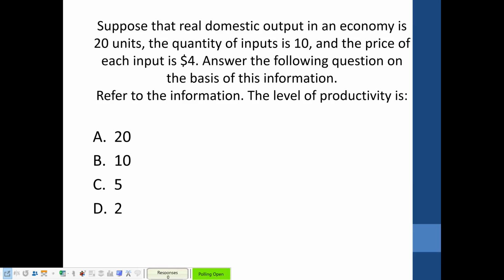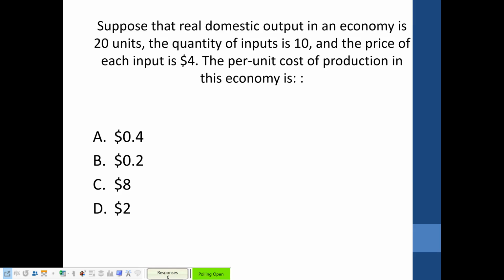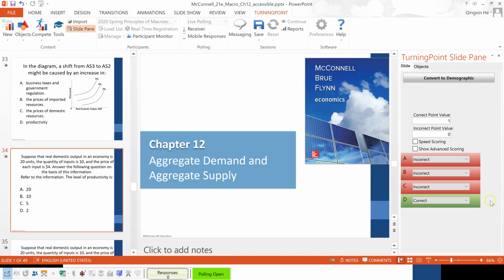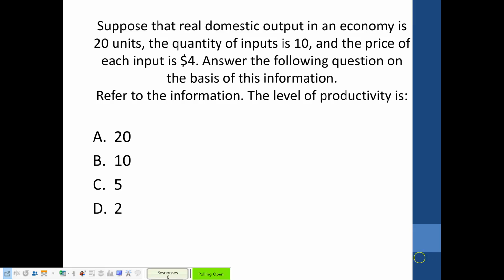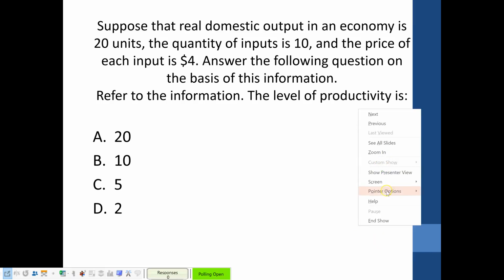Okay. This one, pause it. All right. The answer to this one is D as dog. So why is that? Let me show you.